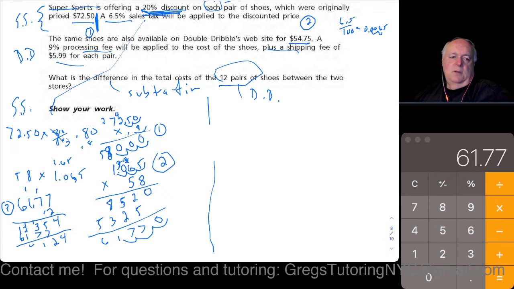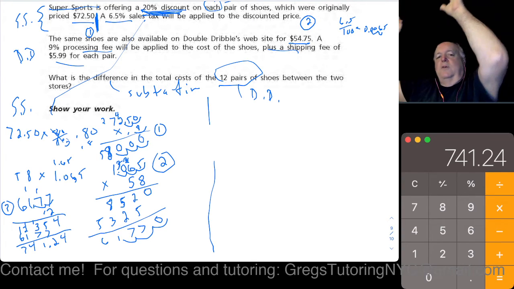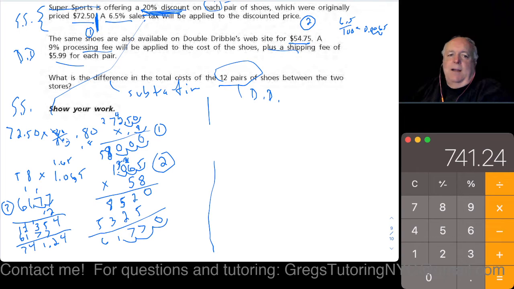Okay, and this is over 2 decimal places. So I believe I got 741.24. So let me go back to the calculator and multiply that by 12. And I get 741.24. Yeah! All right. So that is the price of all of the Super Sports, the dozen shoes.